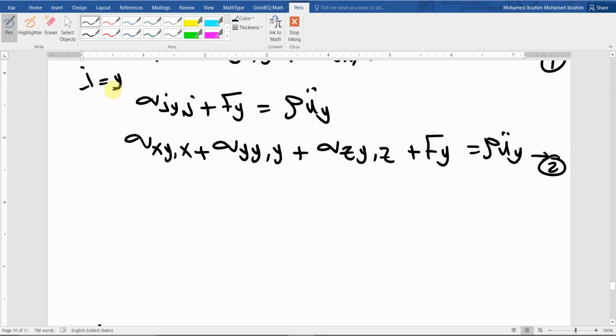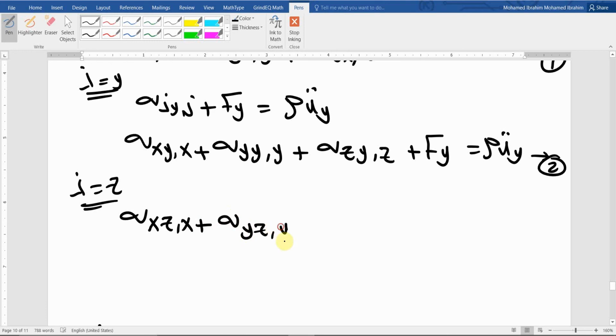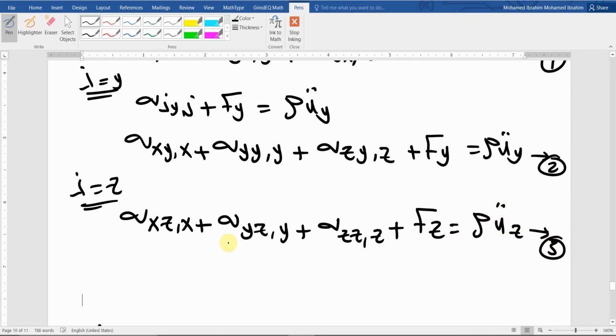Do the same for i equals z, automatically it will be σxz,x plus σyz,y plus σzz,z plus fz equals ρ uz double dot, and this is going to give us the third equation.